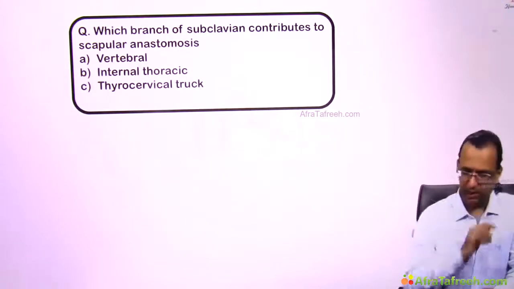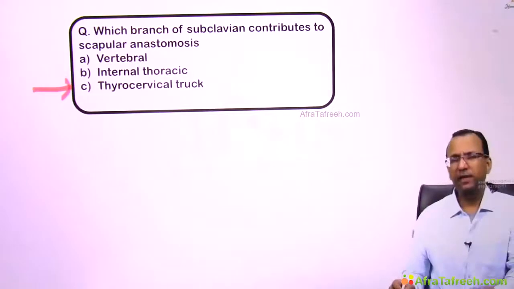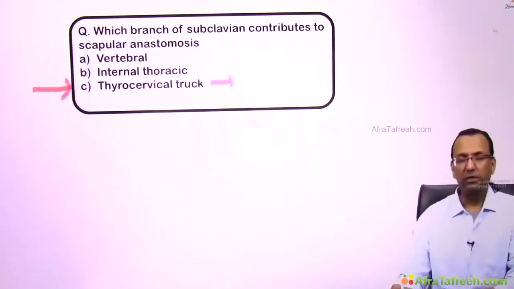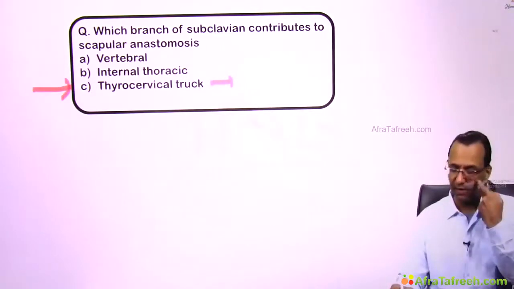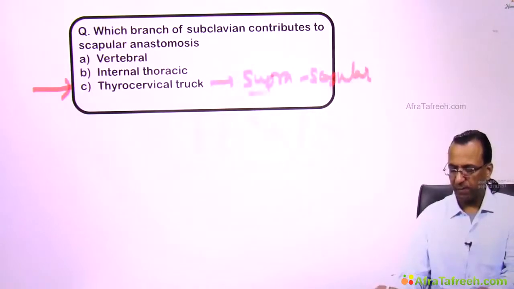If you remove that, then I will take my answer as thyrocervical. Why? Because I have learned that the thyrocervical trunk gives us the suprascapular artery, and the suprascapular artery participates in scapular anastomosis.